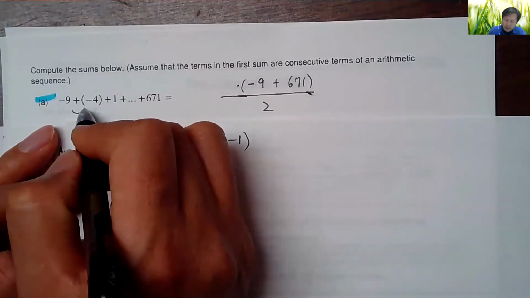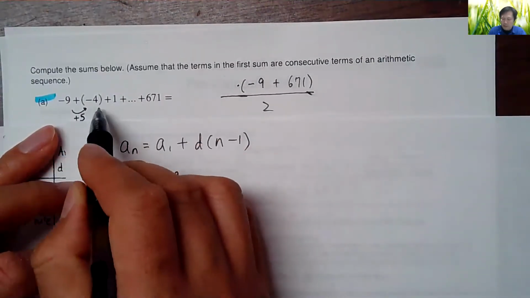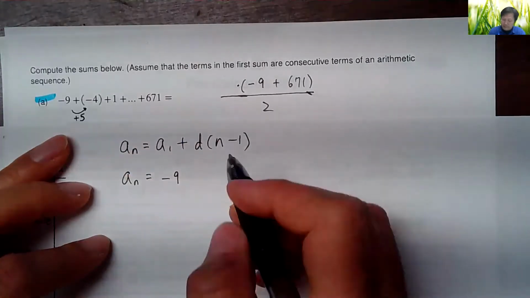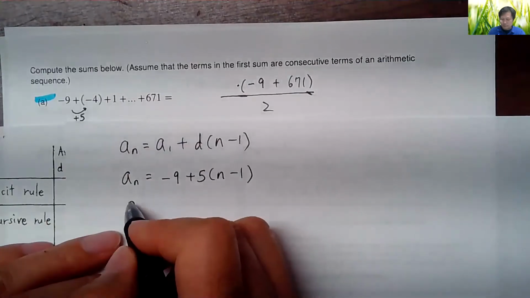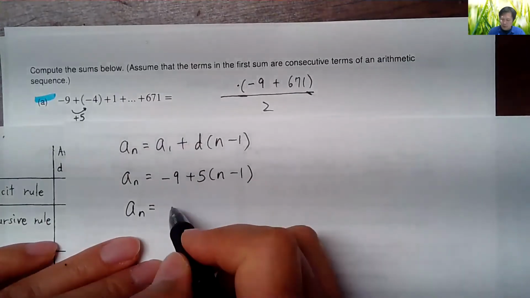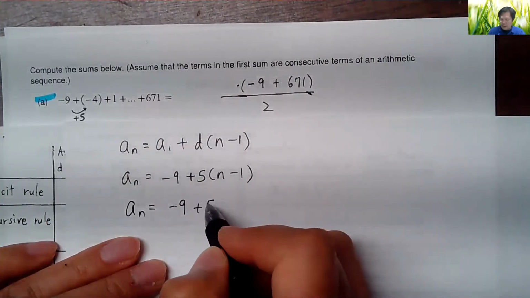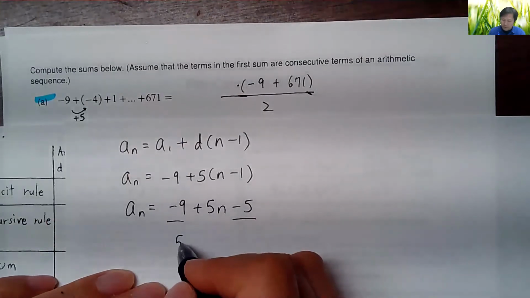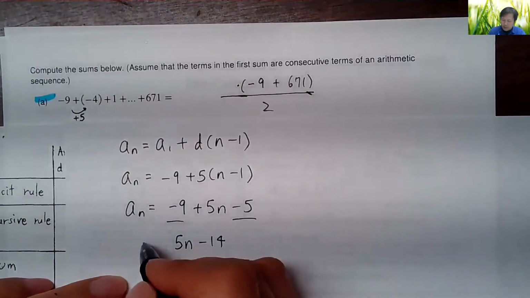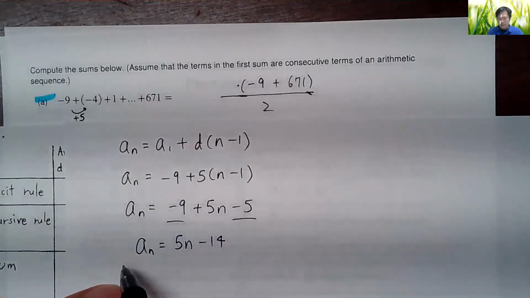You're adding 5, plus 5, plus 5. The difference is 5. So plus 5 times n minus 1. A sub n equals minus 9 plus 5n minus 5. Combining like terms here: 5n minus 14. A sub n equals this.